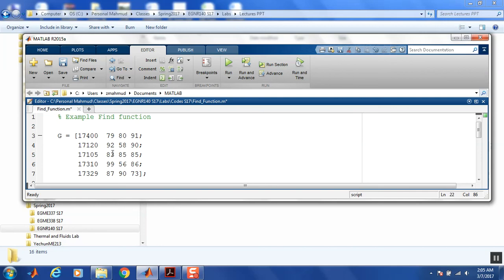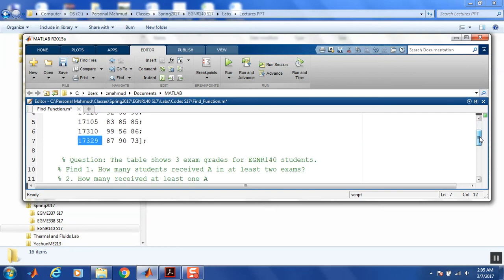Third one didn't receive any A in all three exams, so that is false. Fourth one received at least 1 A, fifth one received at least 1 A. So basically the answer is 1, 2, 4, and 5. So 3 is not an answer.